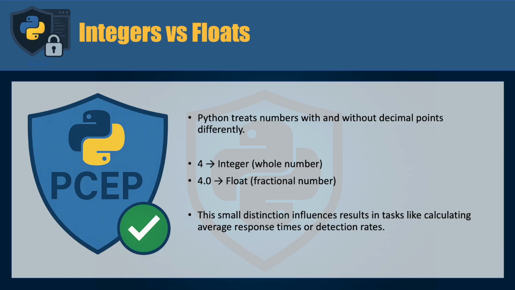This small distinction influences results in tasks like calculating average response times or detection rates. The PCEP exam will use mathematical operations to see if you understand all the rules and semantics about Python. More on that in a minute.